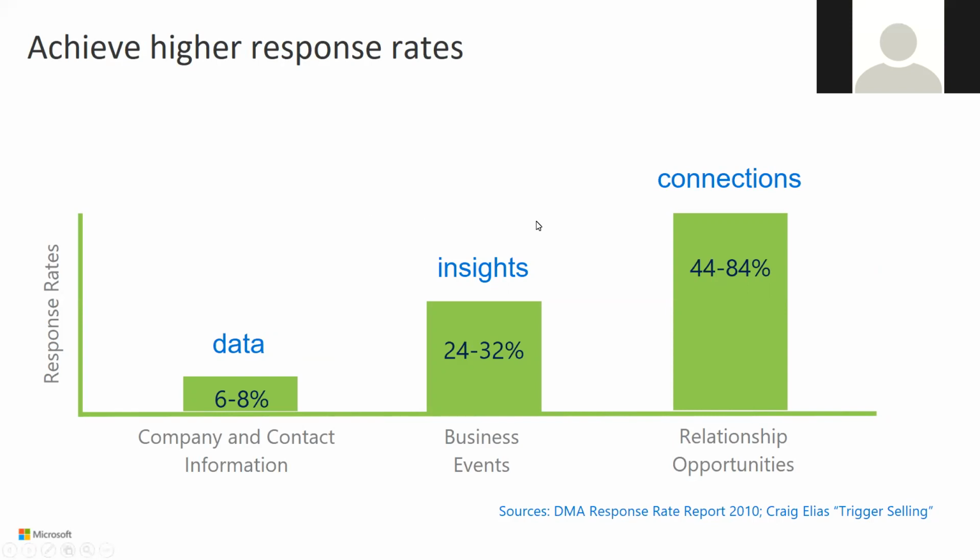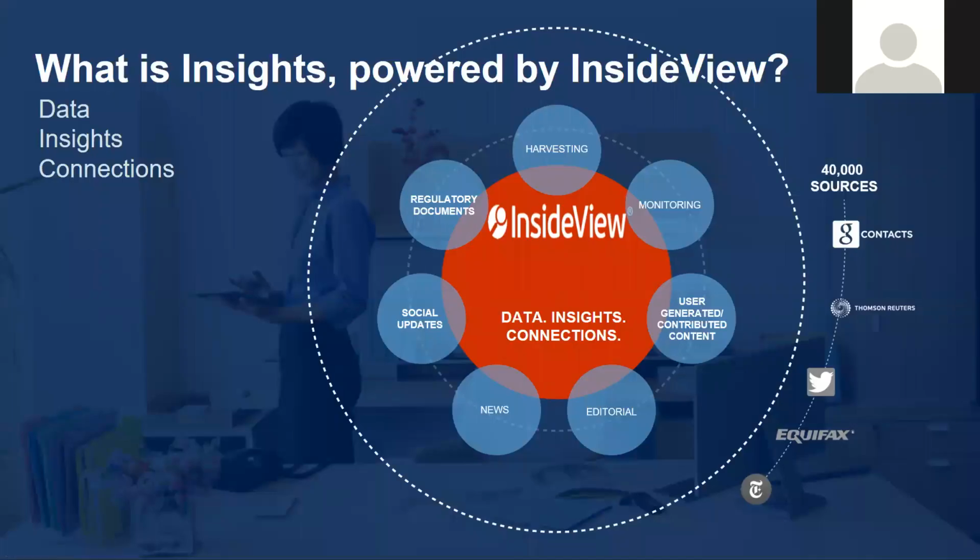So what if you had all of the data and insights at your fingertips to sell faster and more efficiently? And what if you were able to leverage your professional network to create warm introductions and help break into new accounts right within CRM?